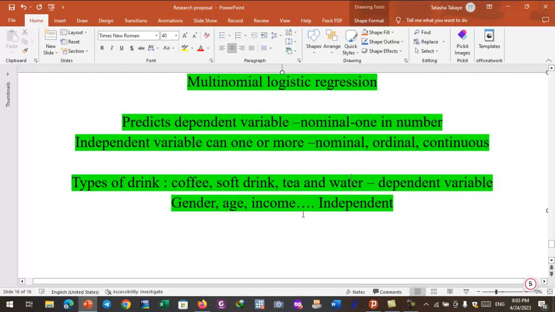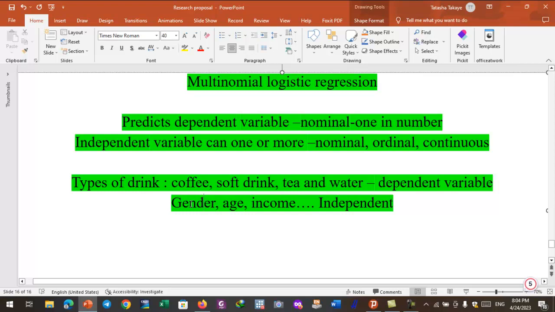And our interest is, for example, let us assume in software like SPSS, when we give 1, 2, 3, 4 as representatives of these groups, the last group is water. When we are interpreting the result, we will say, for example, within gender there is male and female, and let us say we give 1 for male and 2 for female.